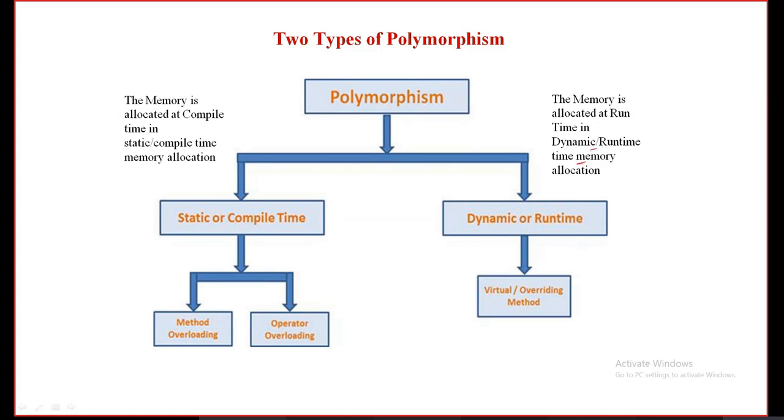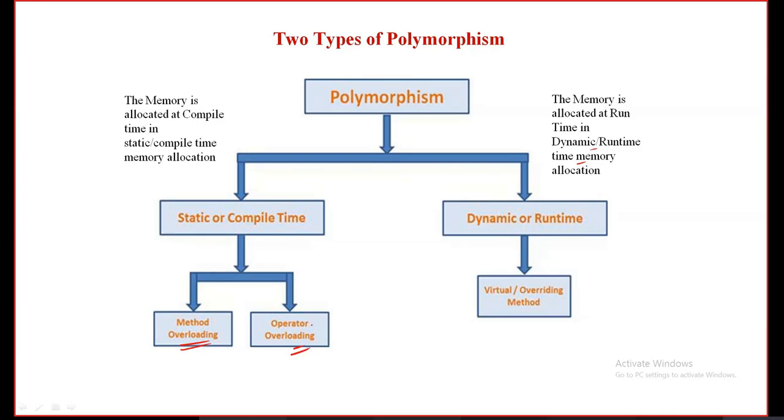Fine. Now, the two ways in which we implement static polymorphism or compile time polymorphism in C++ are either by using function overloading, or by using operator overloading.